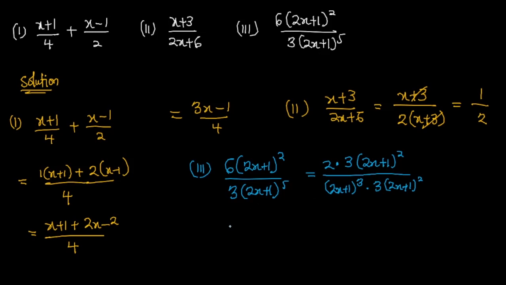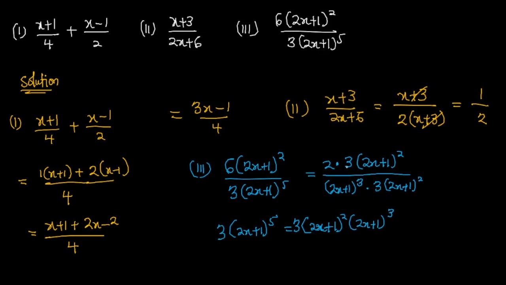So I've rewritten (2x + 1) raised to the power 5 as (2x + 1) squared multiplied by (2x + 1) cubed, since this multiplied by this will give me this. And I've decided to bring the 3 in front of the first one over here so that it makes the expression easier.